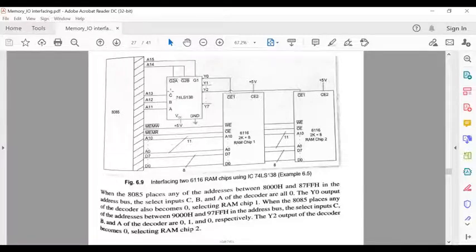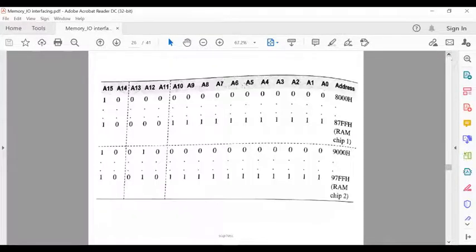Now what about the remaining two address lines, that is A14 and A15? Now the status of A14 and A15 was, A14 is always 0 for RAM1 and RAM2, and A15 is always 1 for RAM1 and RAM2. So if you connect the A15 line with the 5-volt power supply, it will remain logic 1.